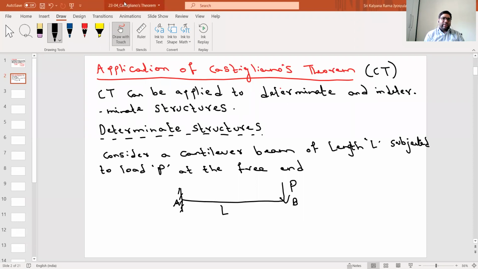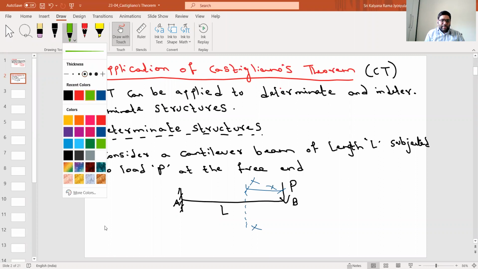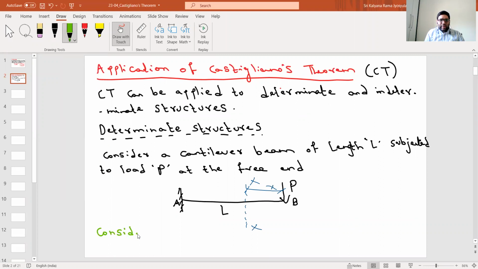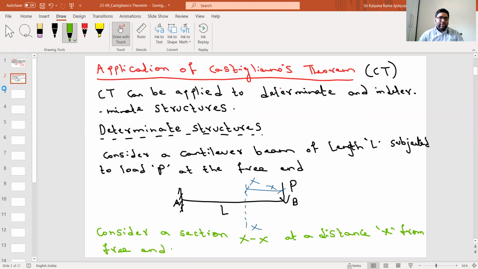Let us consider a section XX at a distance x from the free end.